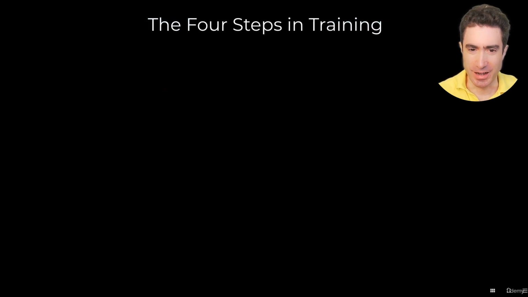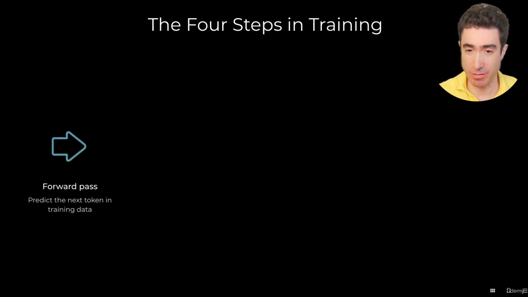So, I want to explain that the training process, the process of improving a model so that it's better and better at performing a task, has 4 steps to it. The first step is what's known as the forward pass, which is just another name for running inference.